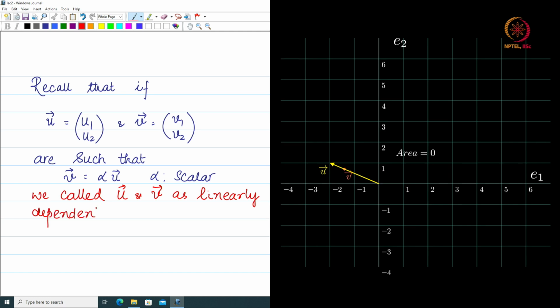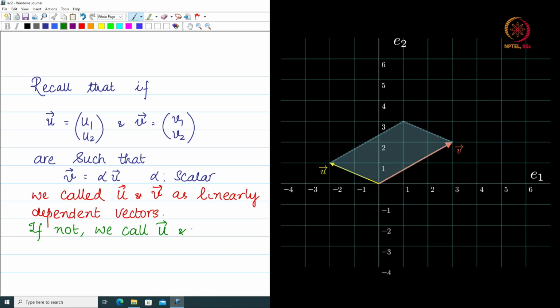That means these are vectors which are parallel to each other, they are linearly dependent vectors. Else, if not, we call u and v linearly independent vectors.